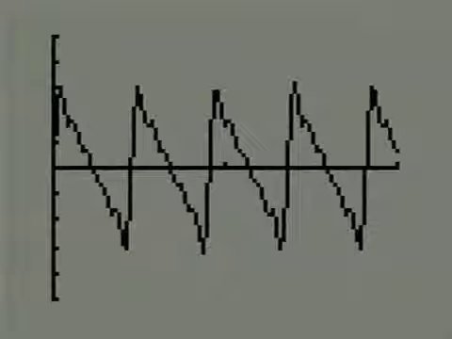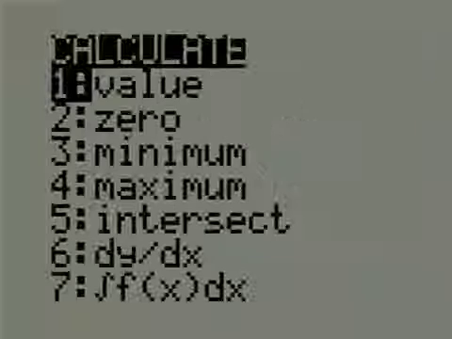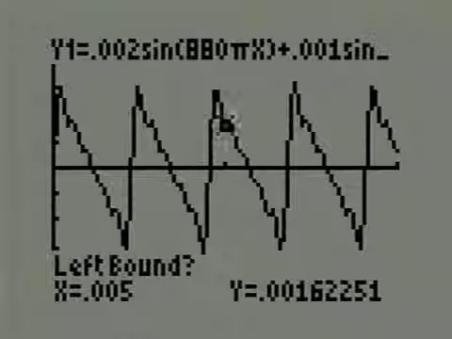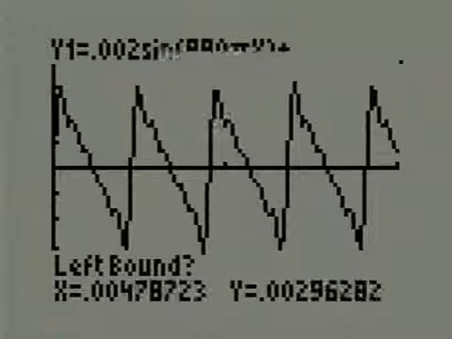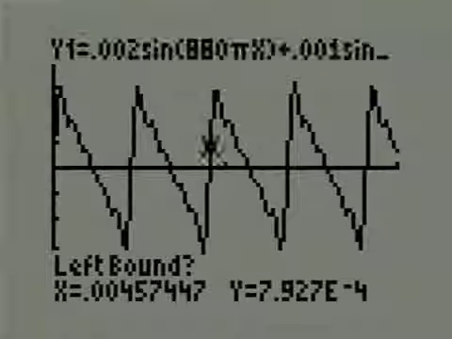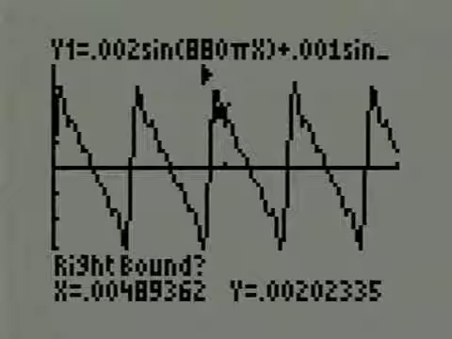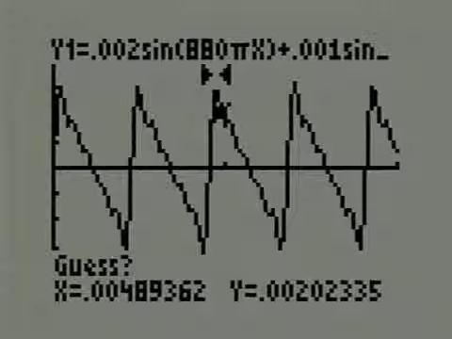I'm going to use the calculator to help. So I'm going to go to Second Calc and option 4, which asks for a maximum. Recall that the calculator asks you to put a left bound and a right bound on your max. So I'm going to look for the max here at the center of my graph, entering a left bound, and then moving to the right and entering a right bound.